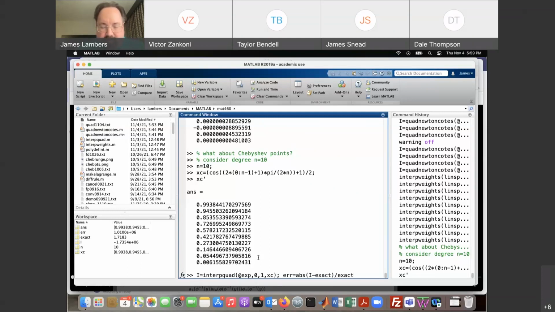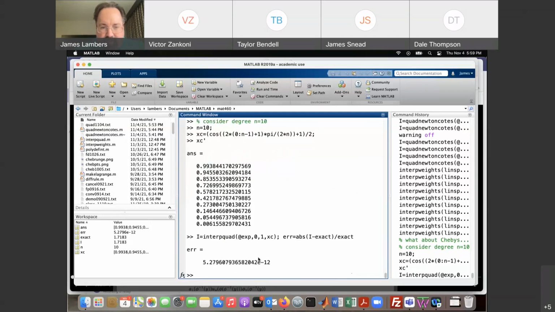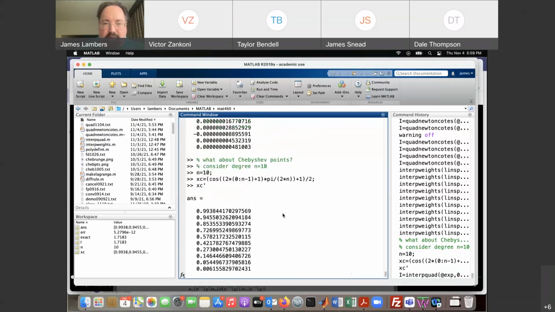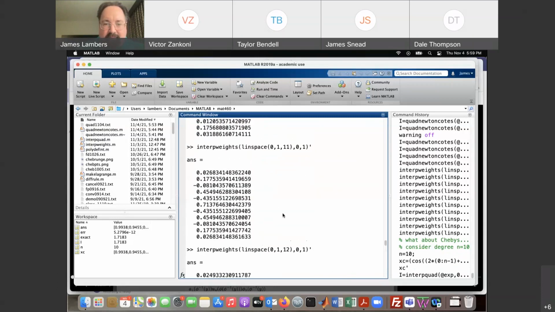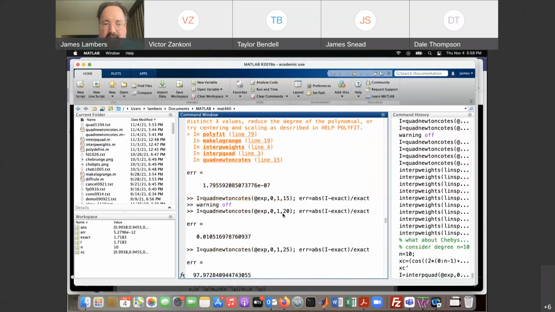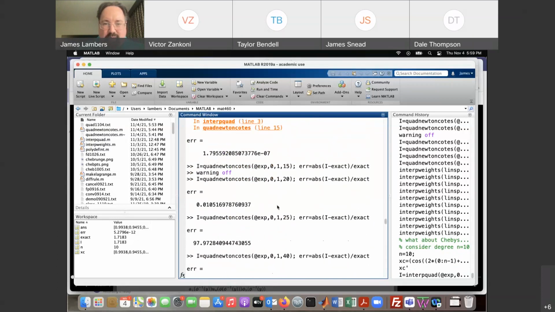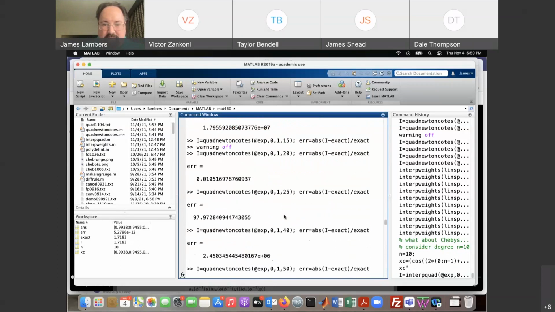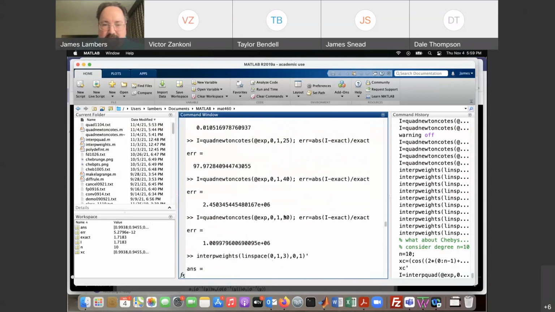Let's see what the error is this time. All right, that's quite good. Now that's with 10 nodes. I said before that in the previous examples the error got quite bad once we got up to 20.